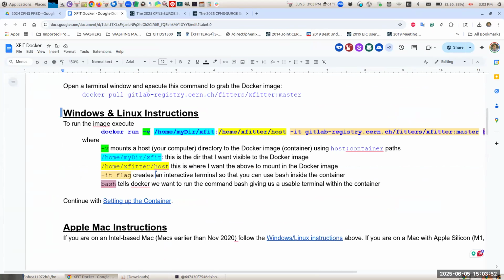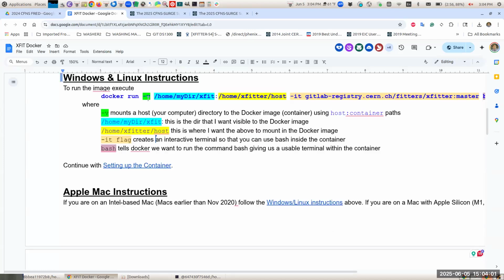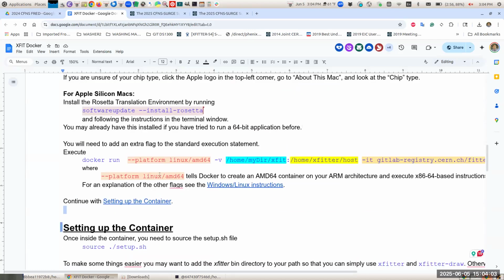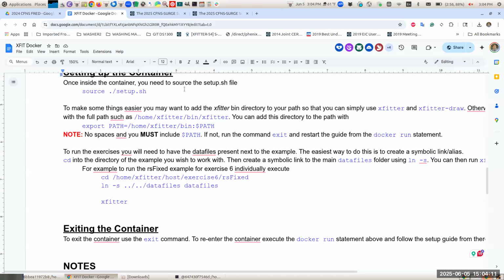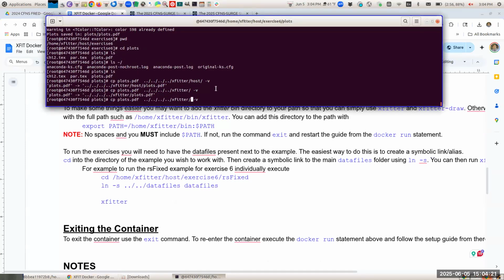You'll have to set up your own home directory, but then you can go ahead and run that. Essentially, the basic commands are, all you have to do is source the setup, and then it's useful to export this path. That way, xFitter is defined everywhere. And once you have that, I think I have a working version up here.